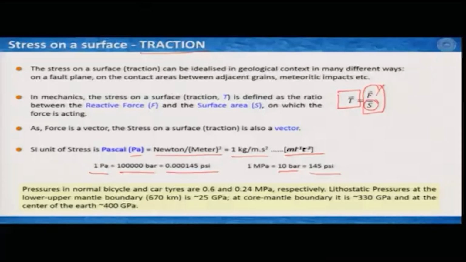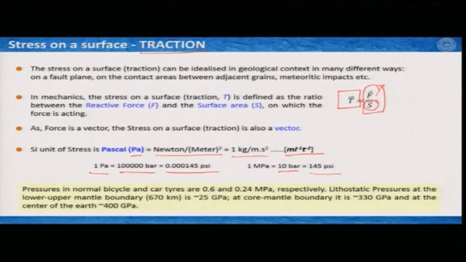So, the pressure on a bicycle tire is 0.6 megapascal, and the lithostatic pressure at the lower upper mantle boundary, which is around 670 kilometers down from the surface, is about 25 gigapascal. That means 1 MPa multiplied by 10 to the power 6 multiplied by 25 gives you the gigapascal.